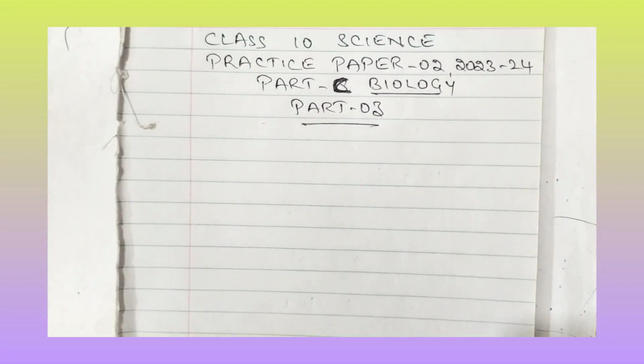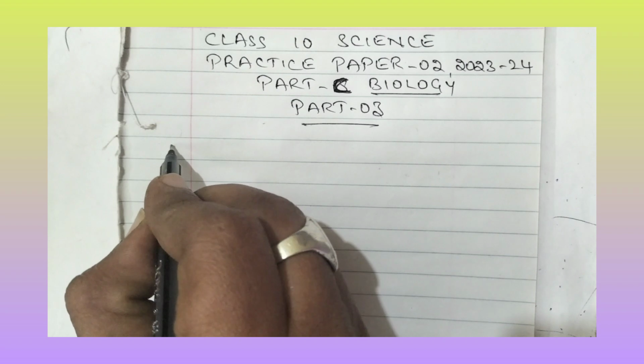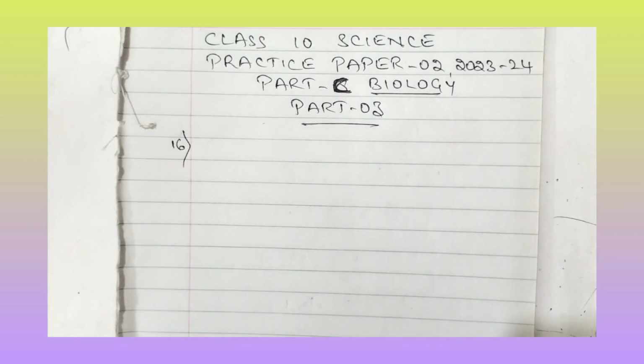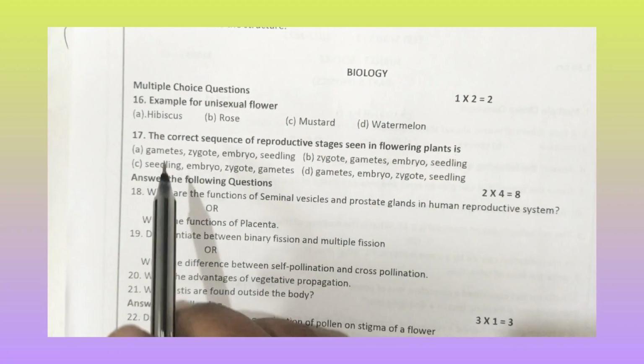So now let us answer the question now. So this is question number 15. So the question number 16 is like this. That is, let us see the first question of 16th one.